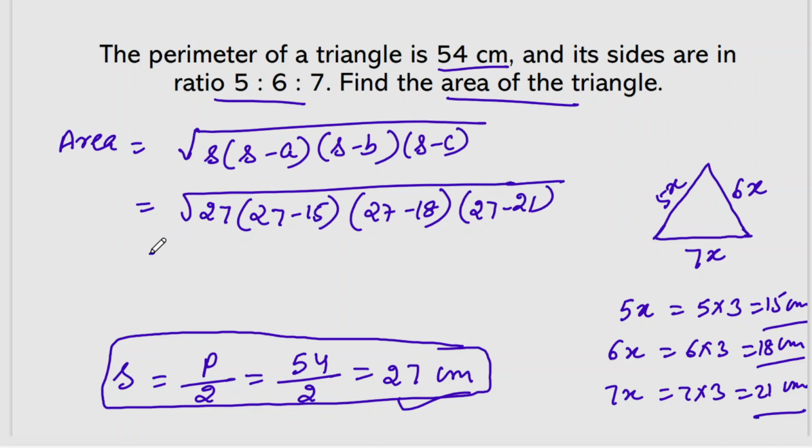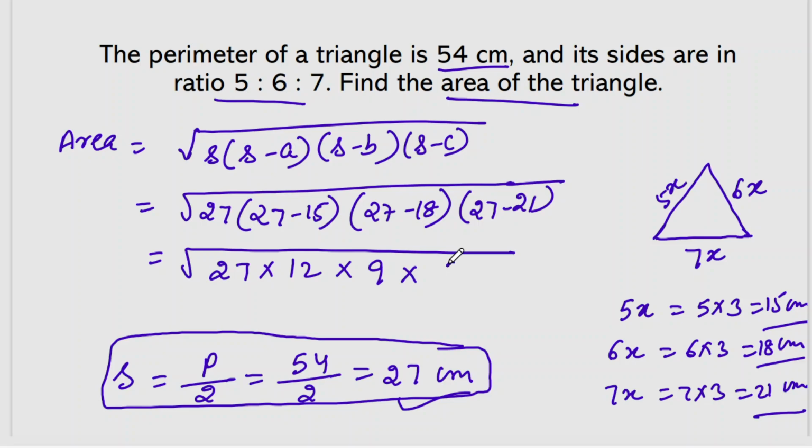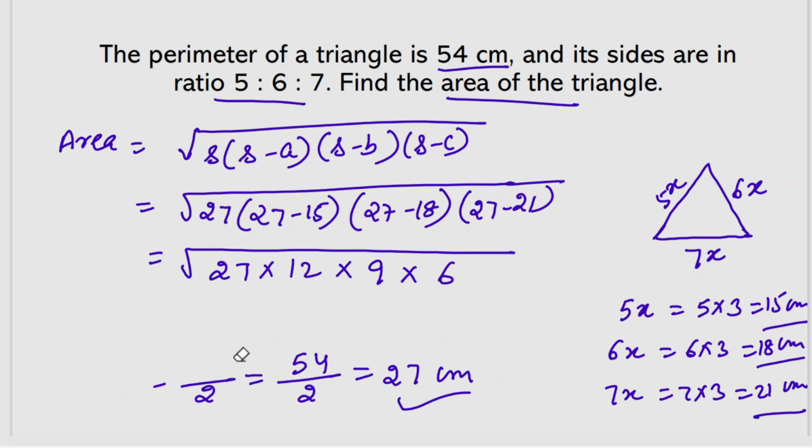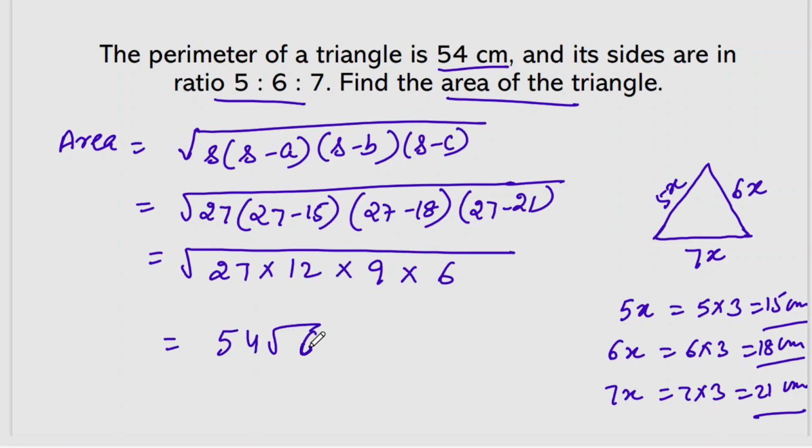So I can write this as 27 into 12 into 9 into 6. After finding the answers, what will be the value of this? It is 54 root 6 centimeter square.